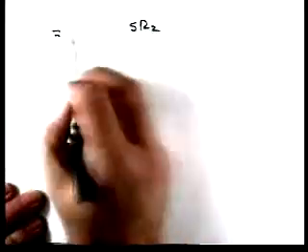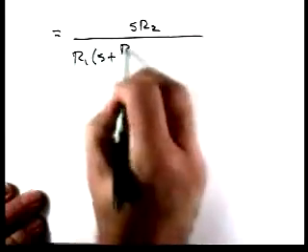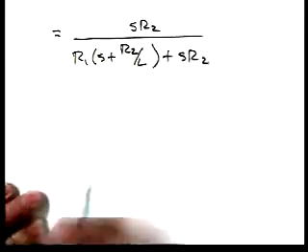And if we do that, we'll have S times R2 on top. In the denominator, we'll have R1 times S plus R2 over L plus S times R2.